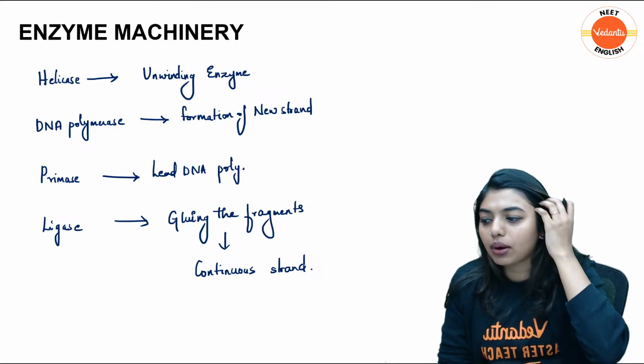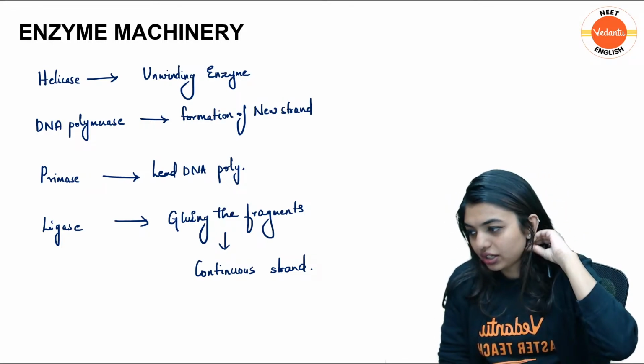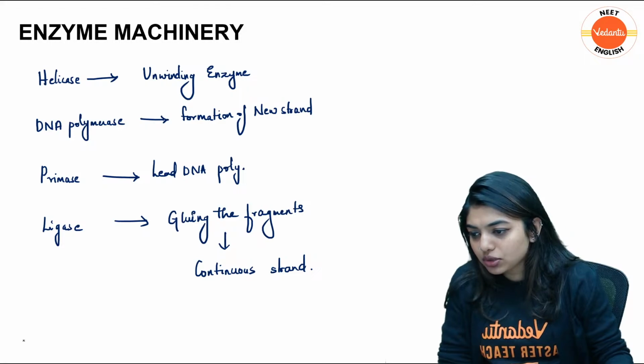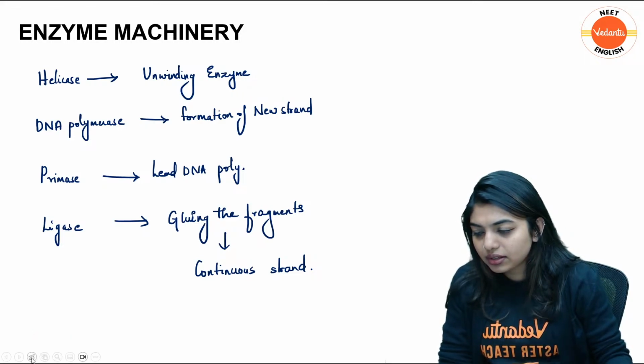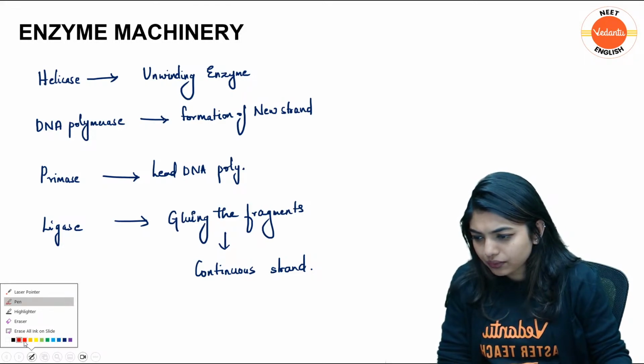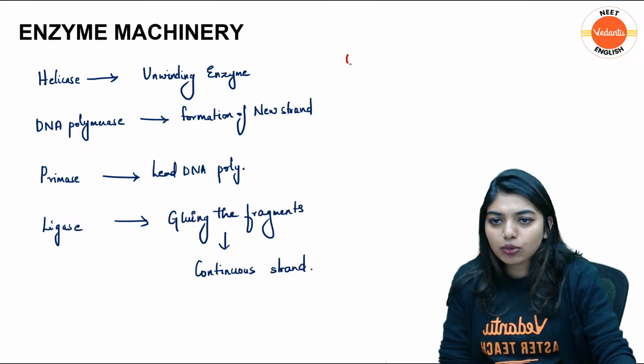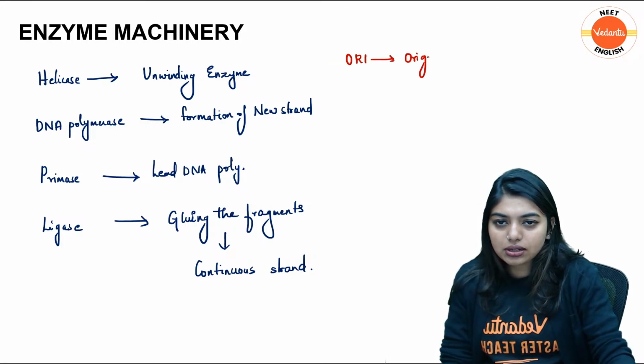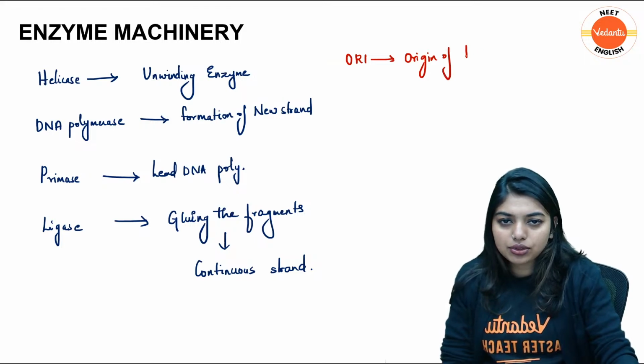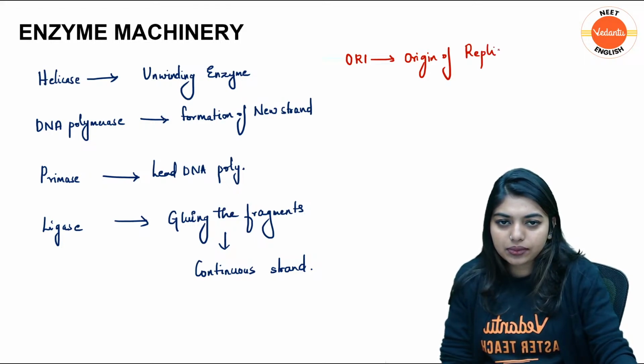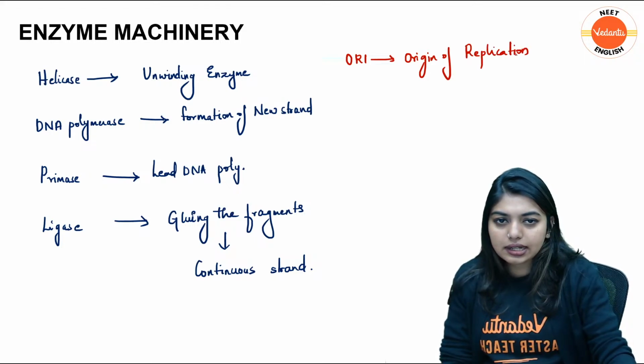This is all about your enzyme machinery. Then we have some more things, I'll write. Then we have ORI. Full form is origin of replication, where this entire thing will be initiated.